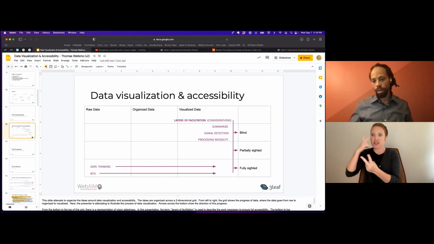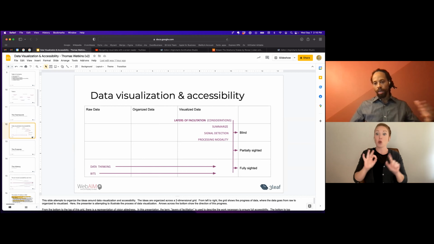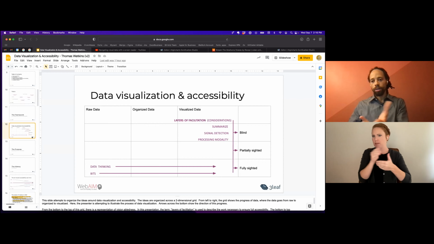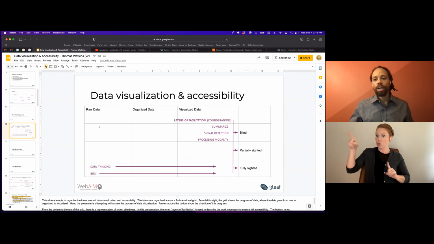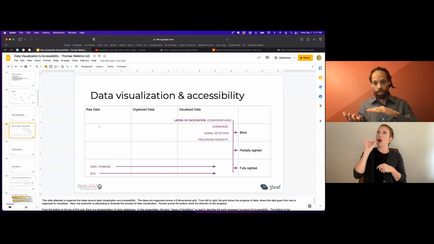And hopefully at the very end, it would be a data insight. Okay, so left to right, we're dealing with how, when we're working on data, do we need to progress this stuff along? And then going from bottom to top, we've got these tiers that I call the layers of facilitation. Layers of facilitation. This is what we have to think about in addition to just visualizing the data.